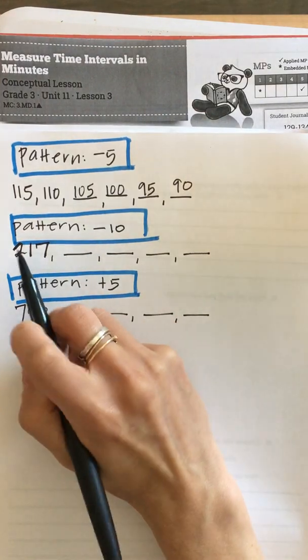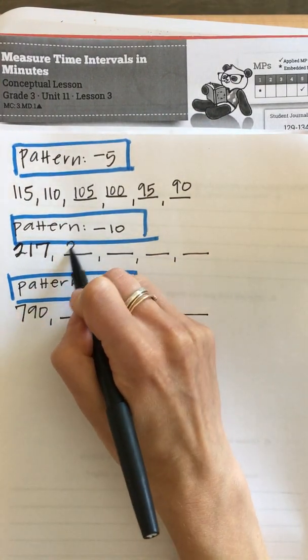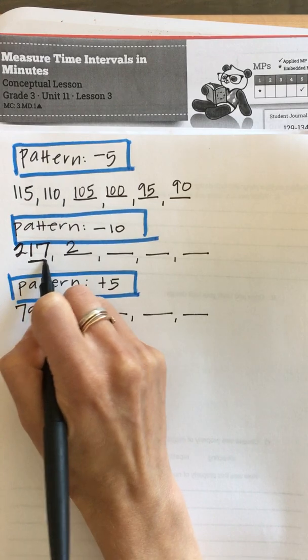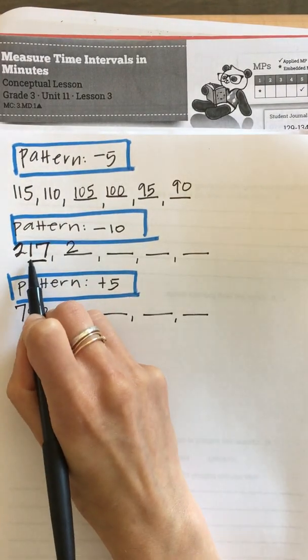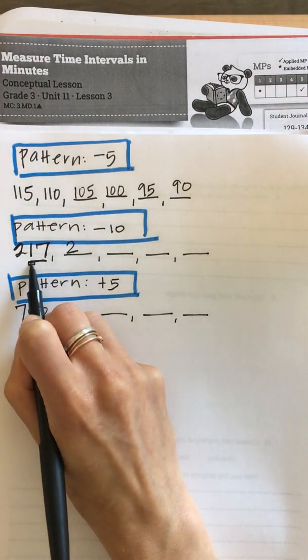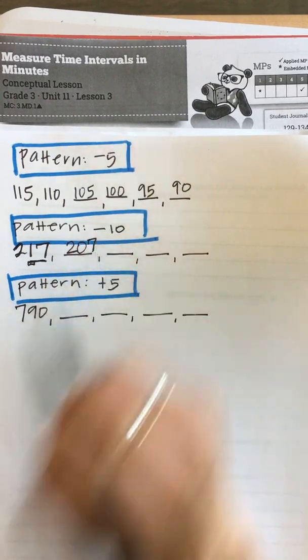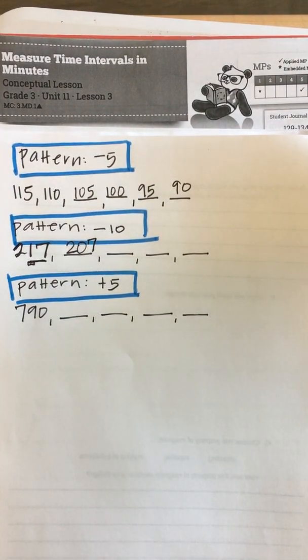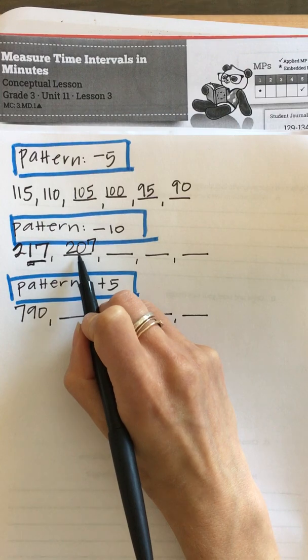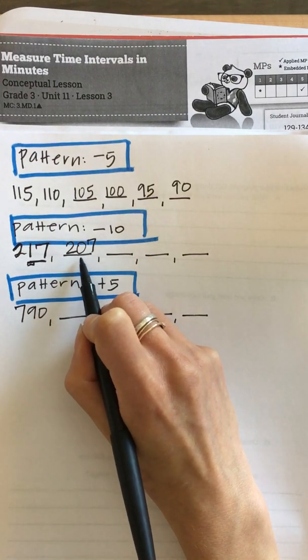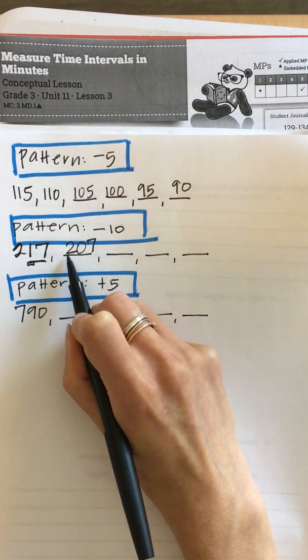Okay, so 217, think about this. Our hundreds is staying the same, and now we're looking at that 17. 17, take away 10, right? Take away that 10 is 207. Okay, if we're going to go back another 10, we're no longer in the 200s because we have 0 tens here. So if there's 0 tens, we need to take away 100.